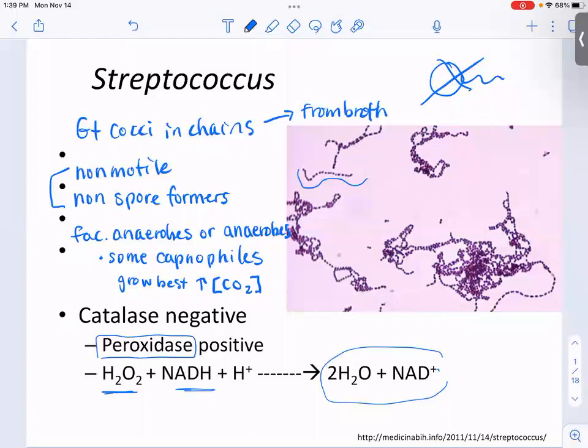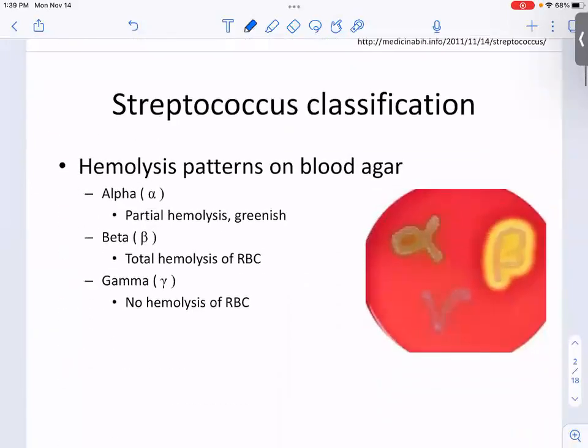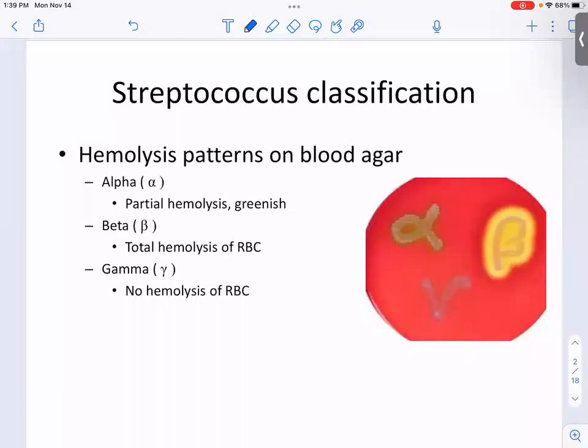There's a couple of different ways that we will classify the Streptococcus. The way that we rely on in lab primarily is by their hemolysis patterns. When we streak them out on blood agar, we see three distinct ways that the organism might break down those red blood cells.